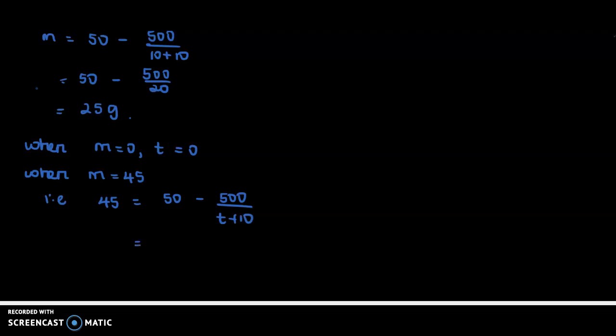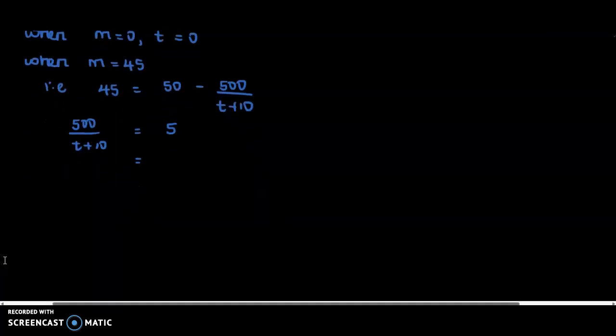So let's take across the 45, carry across the 500, and 50 minus 45 is 5. So you get 500 all over t plus 10. So t plus 10 is equal to 500 divided by 5, that's 100. So t is equal to 90 seconds. So it takes 90 seconds for the mass to increase from 0 to 45 grams.